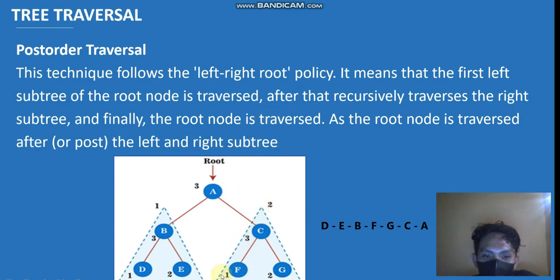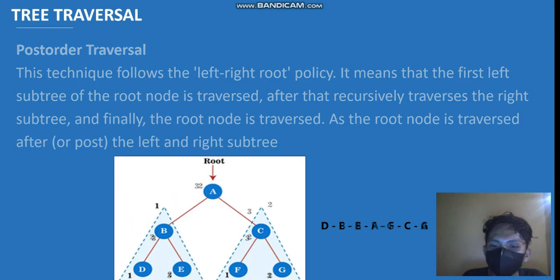So we travel to the left, which is F, and after F there are no more nodes. Then we travel to the right, which is G, and it has no more nodes. Lastly we travel to C, which is the root, and the very last root is A.